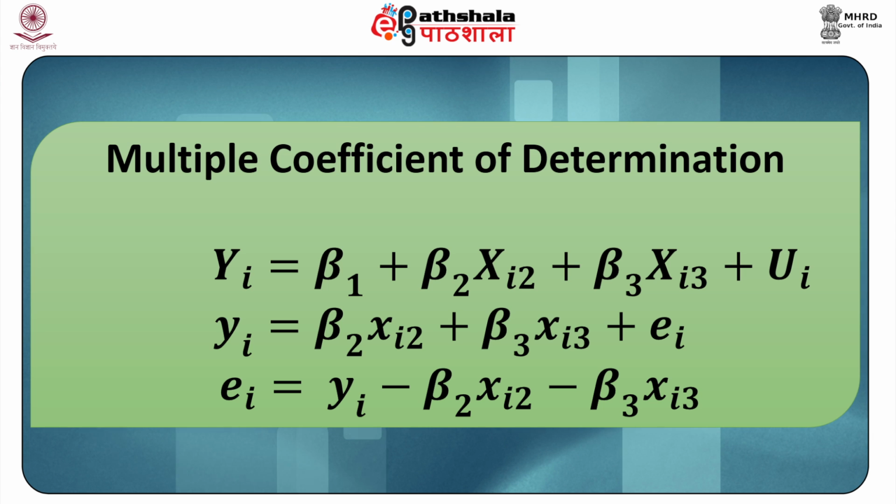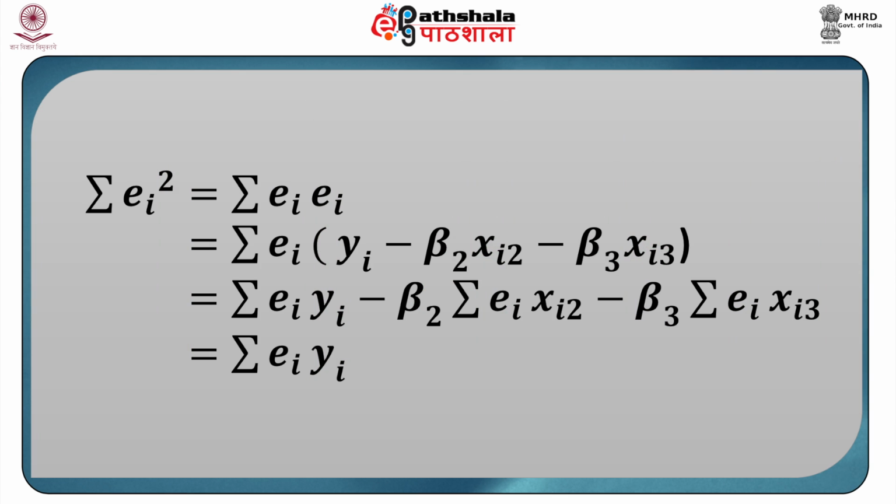And ei therefore is equal to yi minus beta 2 xi2 minus beta 3 xi3. Taking the square and summation, we find sigma ei square, which is equal to sigma ei into ei. This can be written as sigma ei into (yi minus beta 2 xi2 minus beta 3 xi3).